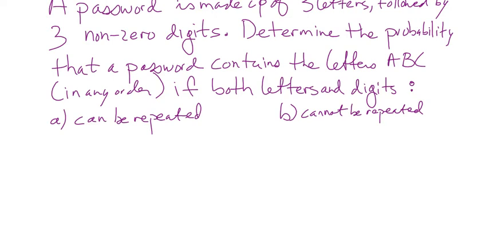The first thing we've got to do is figure out all of the passwords that can contain A, B, C, if letters and digits can be repeated. When you're talking about can be repeated, you're usually talking about the fundamental counting principle. So I'm going to put down 6 blanks.